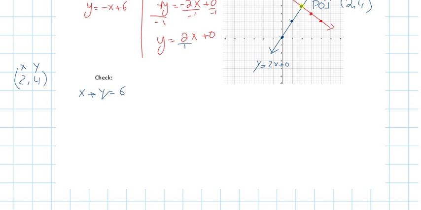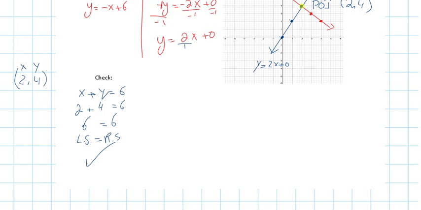So x is 2, 2 plus 4. Now what's 2 plus 4? 6 equals 6. Is that true? Yes, so that means my left side equals my right side. Perfect. Now I have to do the same thing with my second equation. I have to check in both equations.